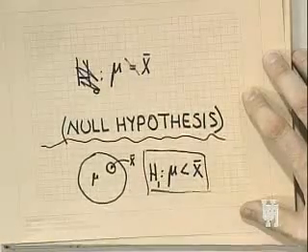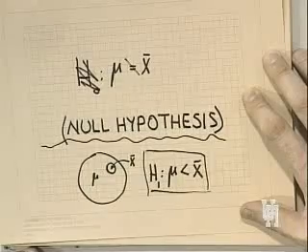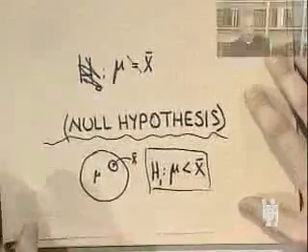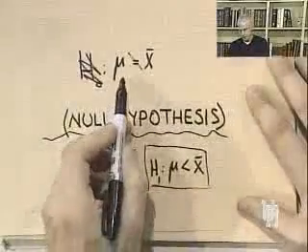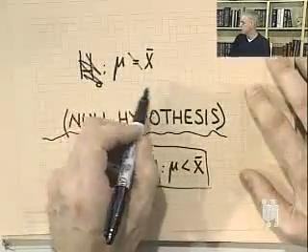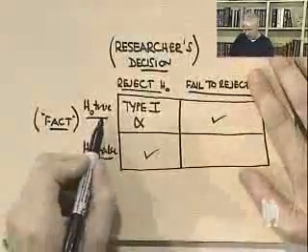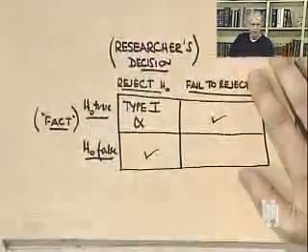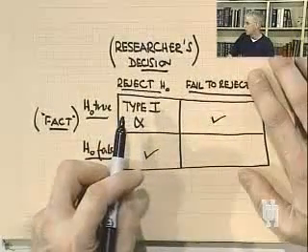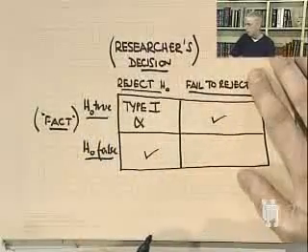But regardless, when a researcher rejects a null hypothesis, she or he has concluded that there is in fact a significant difference between mu and X bar. If that null hypothesis is true, the researcher has made a false conclusion of difference. And that is a type 1 error, or alpha error.